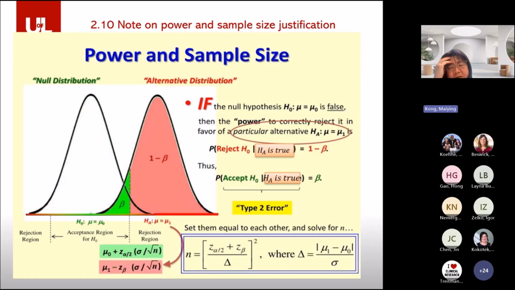From that, we can calculate the sample size, which depends on the power, that is 1 minus beta, but often also depends on the treatment difference. Say under standard treatment the response is mu0, and in the intervention group it is mu1.